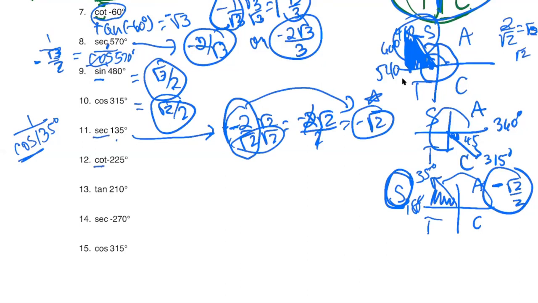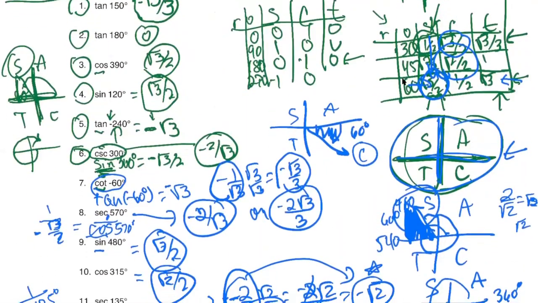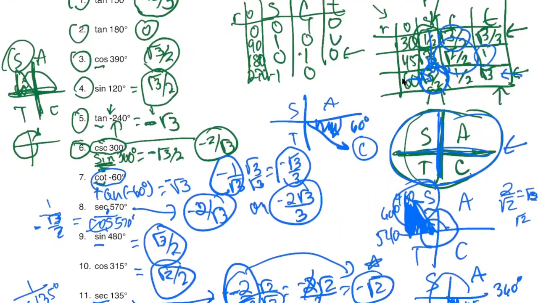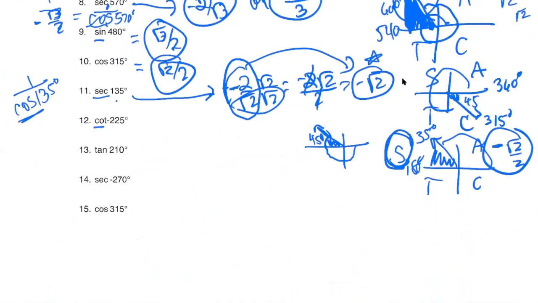All right, cotangent of negative 225. I know the 45-degree reference angle, we're going this way. This is negative 180, negative 225. So I have a 45-degree reference angle in the second quadrant. The tangent of 45 degrees is 1. I flip it over, I still get 1.